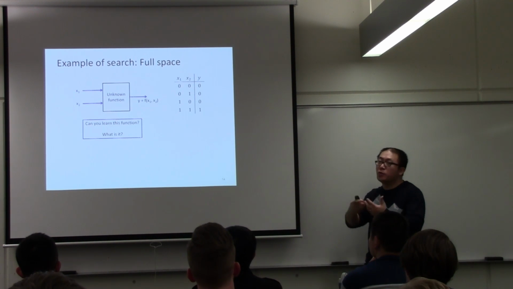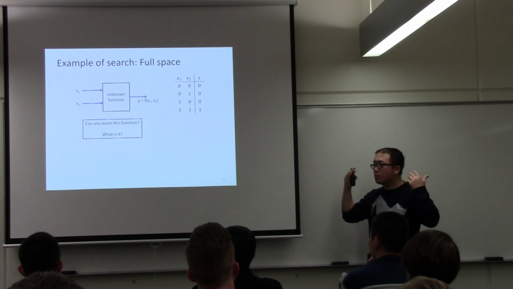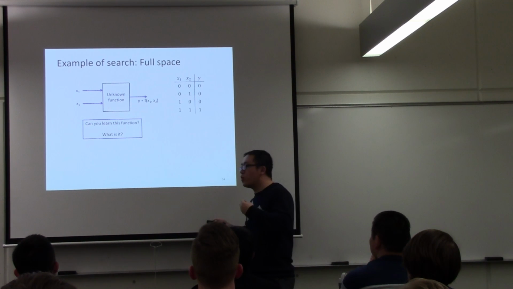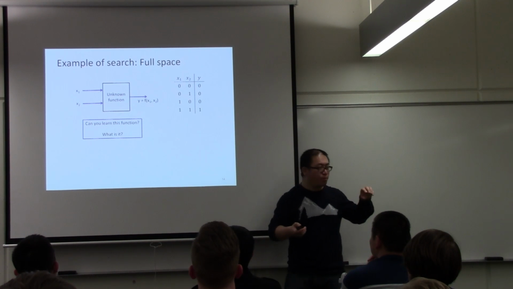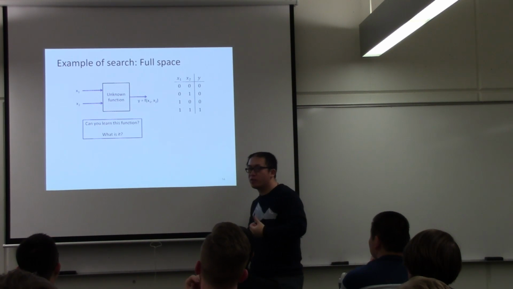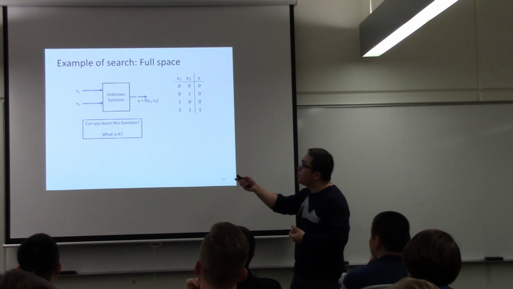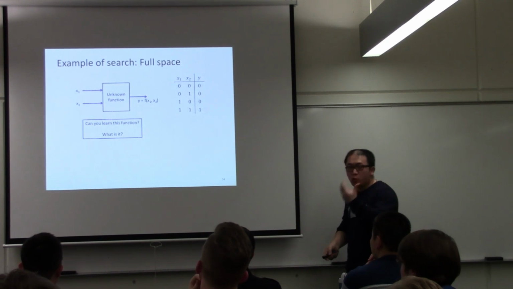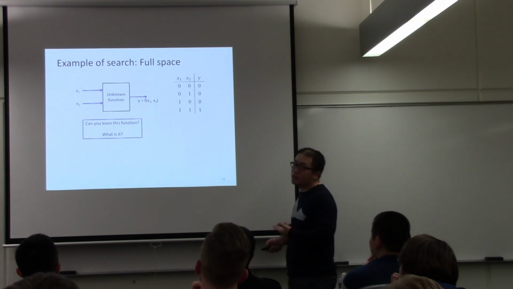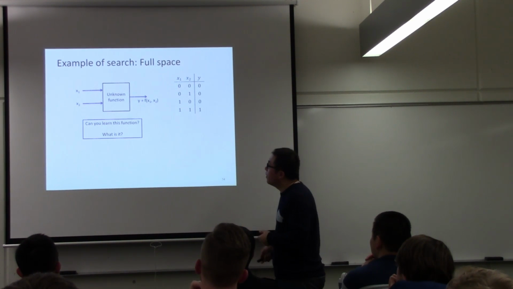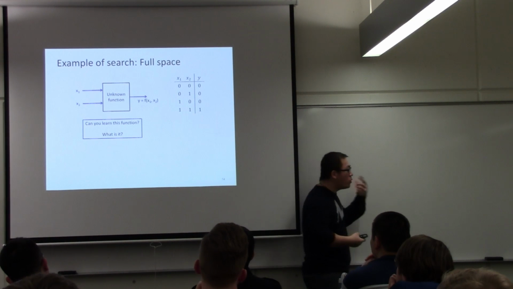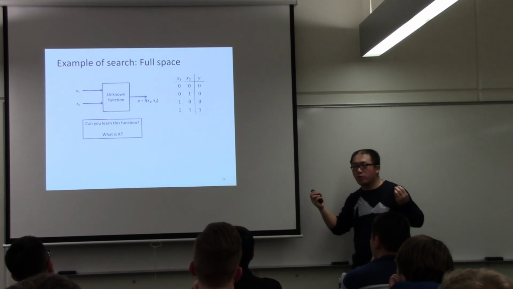We want to search over the full space. Sounds pretty good, right? This is a way we can guarantee it is possible to reach the ground truth function. Let us look at this simple case, where we have 4 labeled training examples. Can we learn this function? We can, right? Because to identify a Boolean function with 2 input variables, how many function values should we determine?